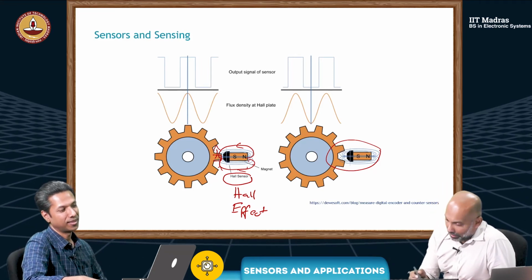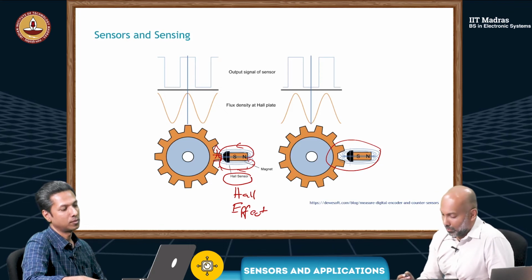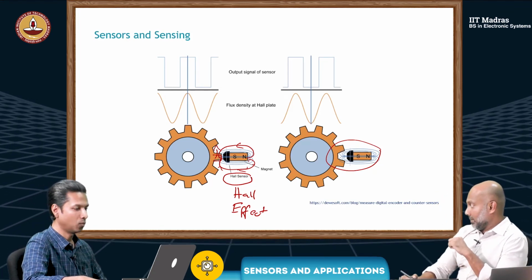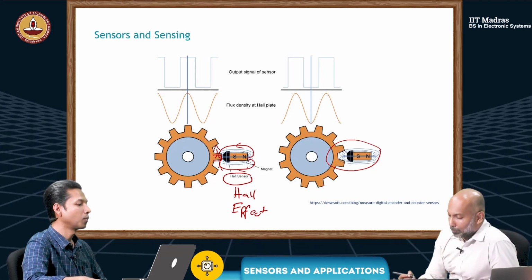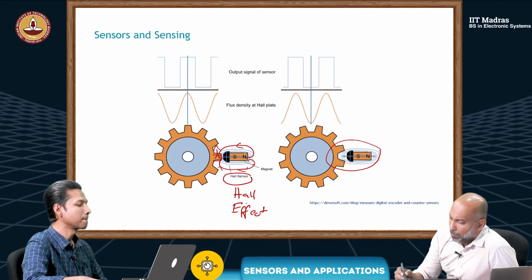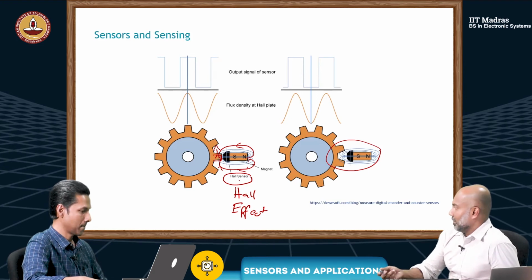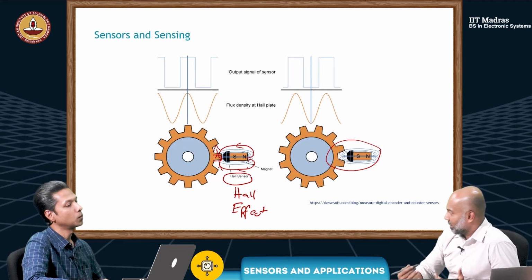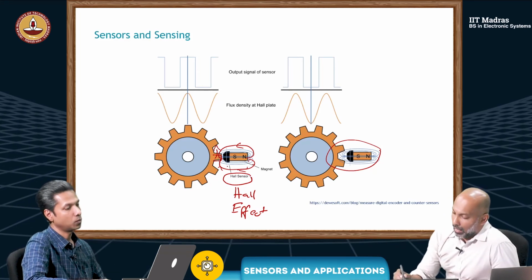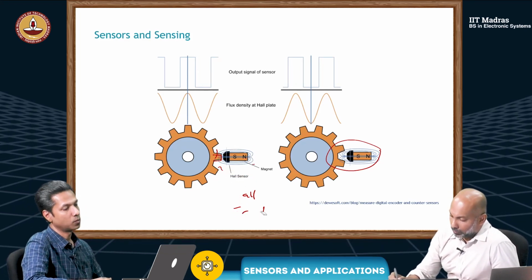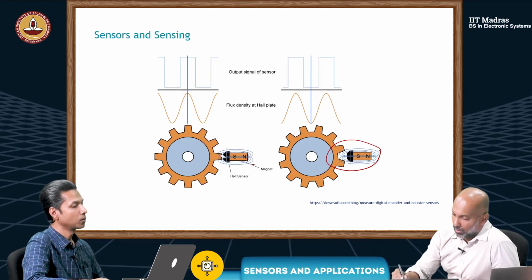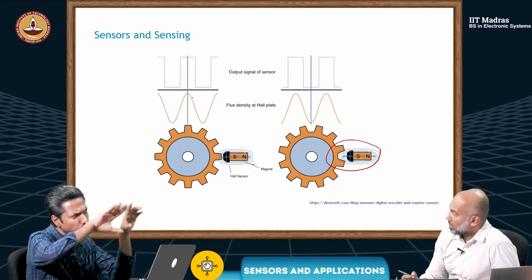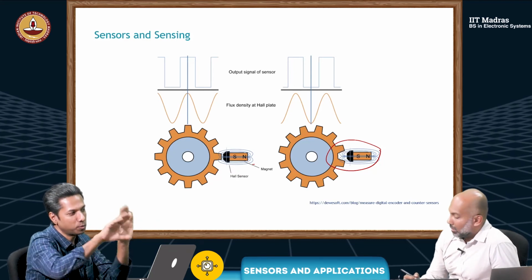So, if you look at the sensor output, we have a digital and an analog output. Which means the Hall sensors can be analog or digital, depending on how you design and fabricate it. If you look at those two graphs, suppose this was a smooth wheel, a totally smooth periphery.